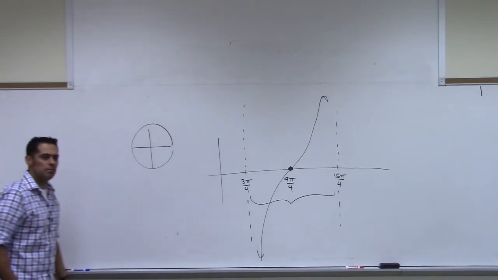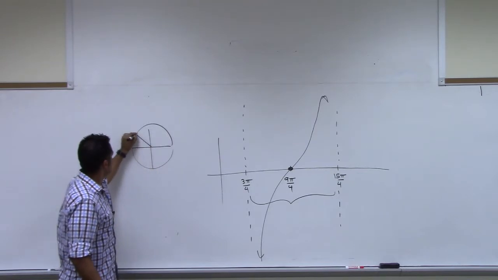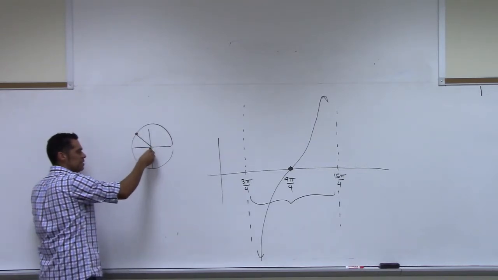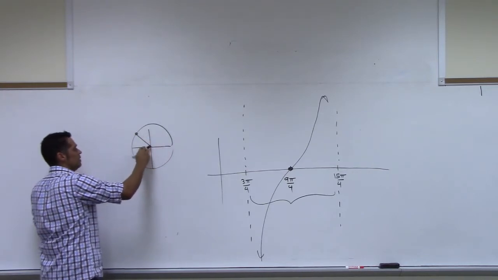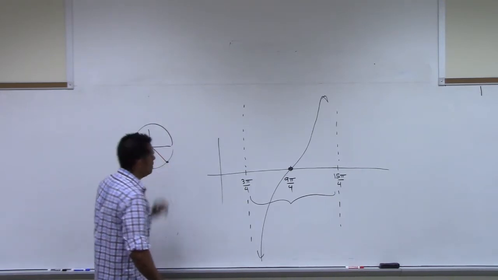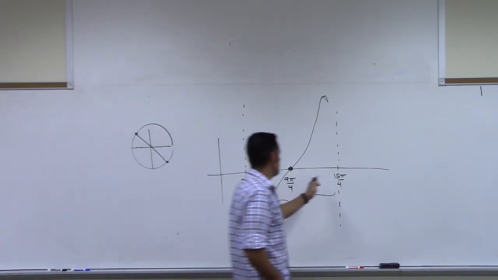Well, one is 3 pi over 4, quadrant 2 at 45. That's this, right? So that's 3 pi over 4, 4 pi over 4, 5 pi over 4, 6 pi over 4, 7 pi over 4, 8, 9, 10, 11, 12, 13, 14, 15. So it looks like these two, right?